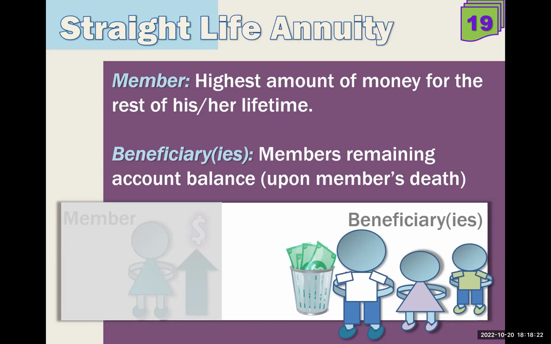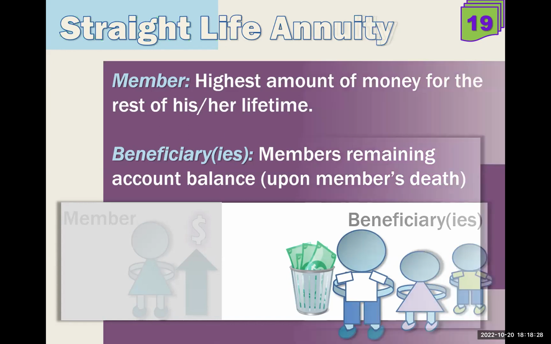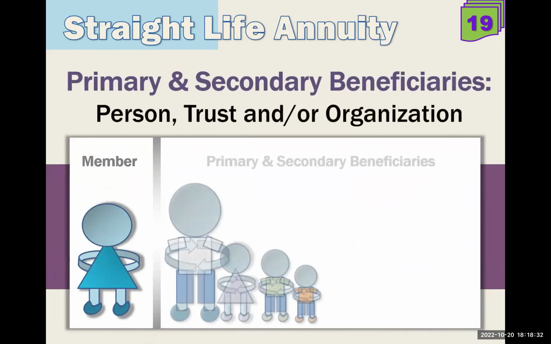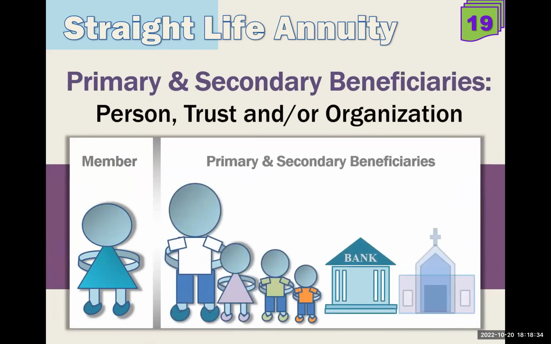Also be aware that if you select straight life annuity, you are locked in and you can't change to another annuity option. The straight life annuity allows you to choose multiple primary beneficiaries, which can include people, trusts, and organizations. With any option, you can designate secondary beneficiaries, which also can be people, multiple people, trusts, and organizations.